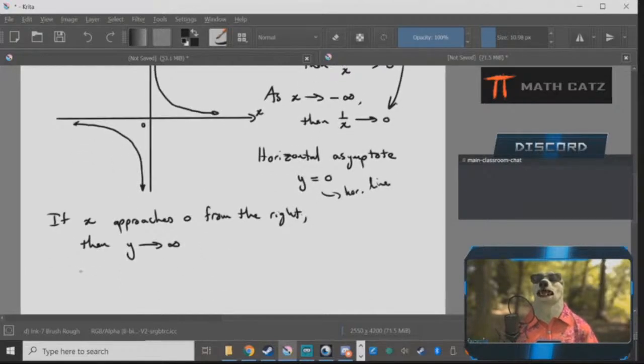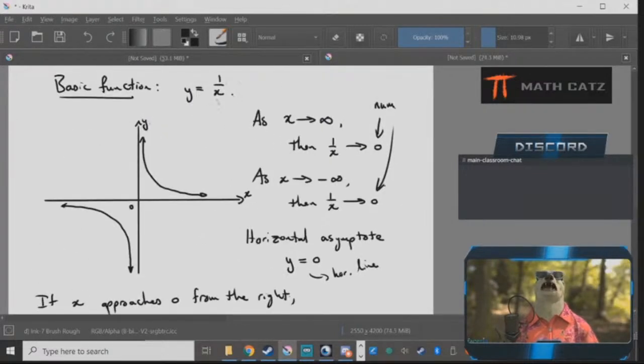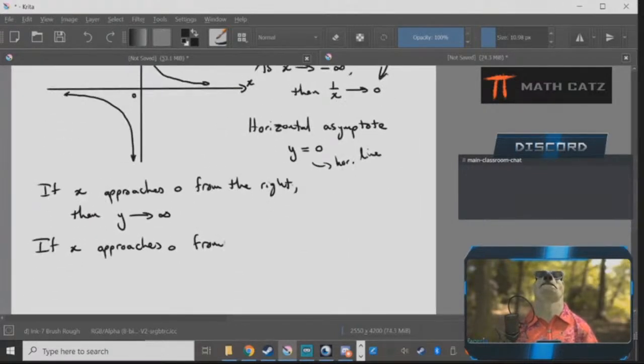And I'll squeeze it in here because something different happens as x approaches 0 again, the x value where the function is undefined, but from the left. So I kind of have to write a sentence to just distinguish between these two, right?